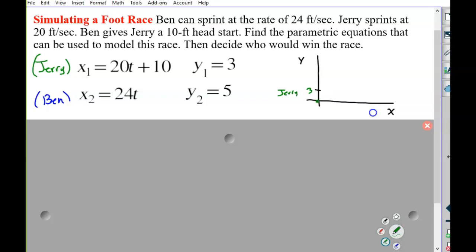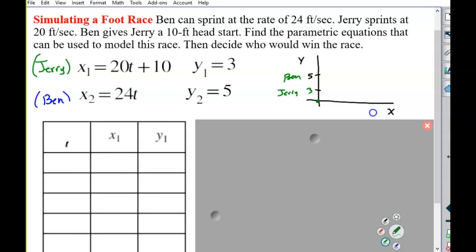Maybe this is the person that's saying, all right, on your mark, get set, go. Maybe that's the timekeeper. Jerry's 3 feet from them, and Ben would be 5 feet from them. And then what's going to happen is as time goes on, we're going to be able to tell how far they're running in a horizontal distance.